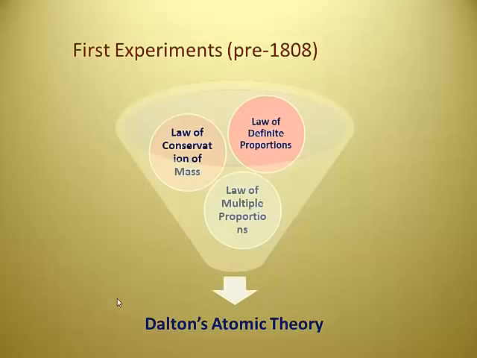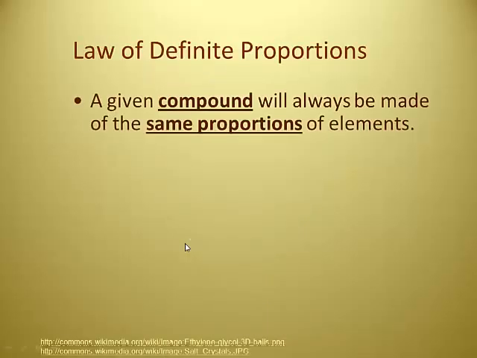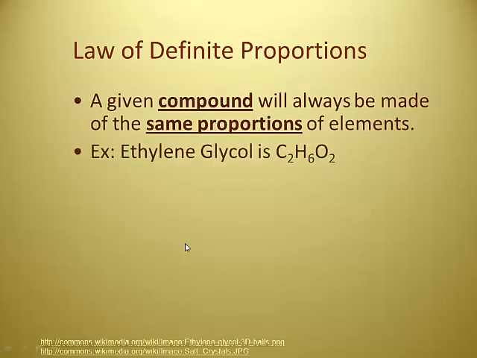We fast forward 2,000 years to about 1808, when the first real chemical science is being done, and there were 3 important laws. We get the law of definite proportions, the law of conservation of mass, and the law of multiple proportions. Law of definite proportions: a given compound will always be made of the same proportions of elements.